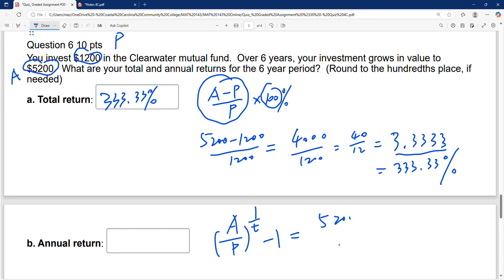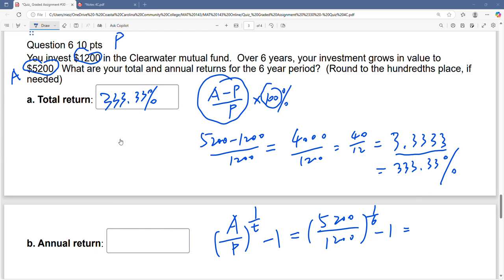Now you plug the numbers in. A is 5200 divided by P. P is 1200. Then to the power of 1 over T. T is 6. Then minus 1. So here use a calculator, and be careful when you are using it. Here is the trouble: it's 1 over 6.